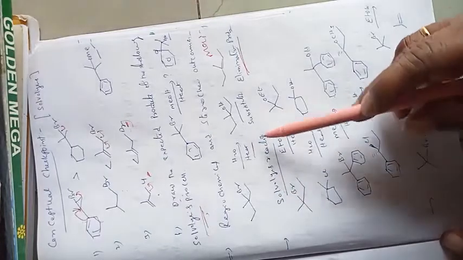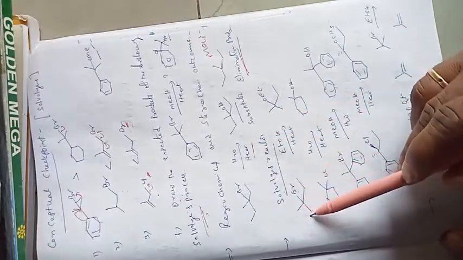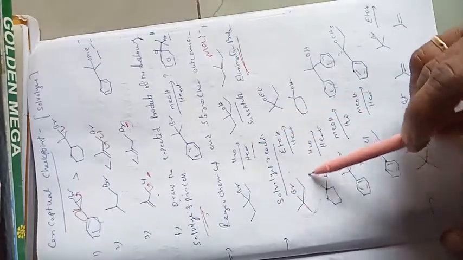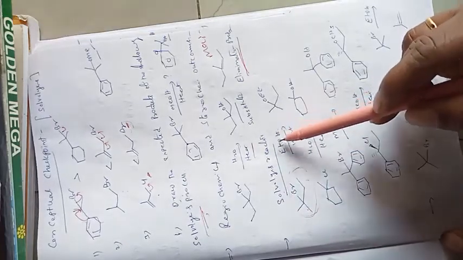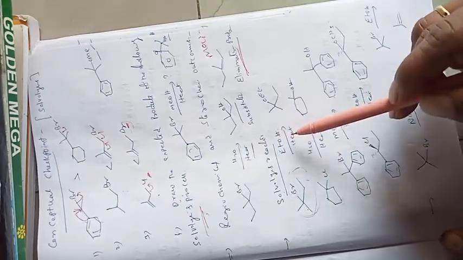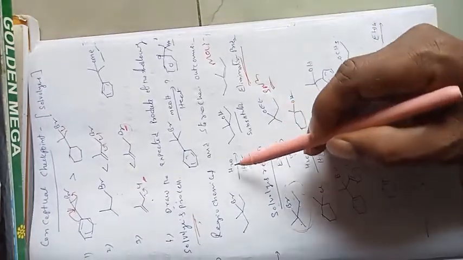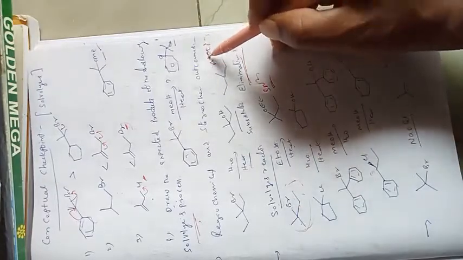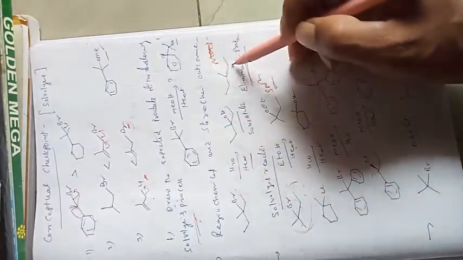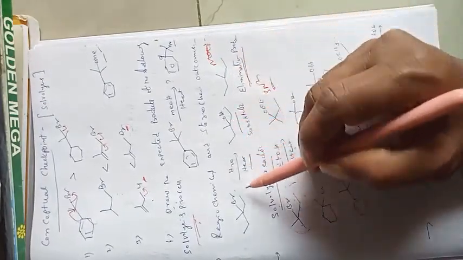So what is meant by solvolysis? For example, now we are taking a tertiary alkyl halide with ethanol as the medium, a very weak base. In such cases the SN1 reaction is predominant, because there is no base here, even in the presence of water medium. Substitution is possible as well as elimination, but substitution is major because there is no base.